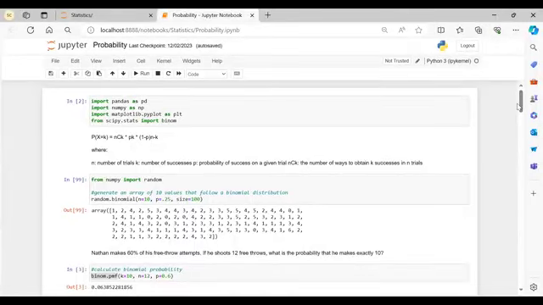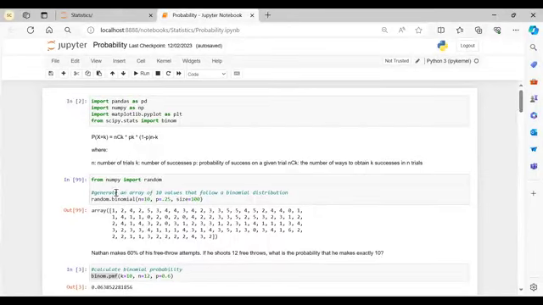In some of the use cases we will generate certain samples, and if we use just random, by default it will take the normal distribution.